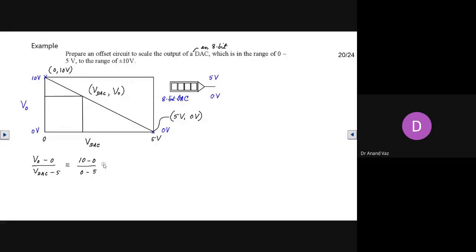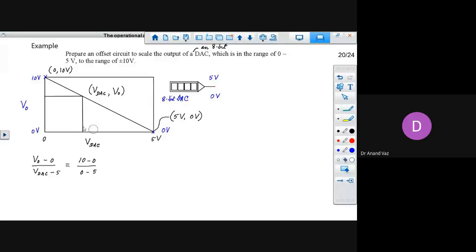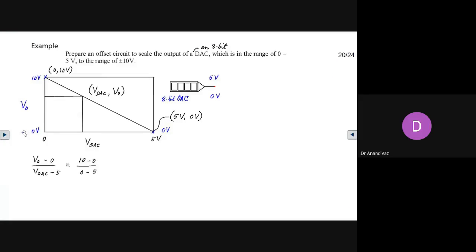Is it okay? I think I made a mistake here because we have to map it to plus minus 10 volts. So here let us make this 10 volts. So this one will be minus 10 volts. Okay. I have made a mistake. I'm sorry. So this is going to be minus 10 volts.